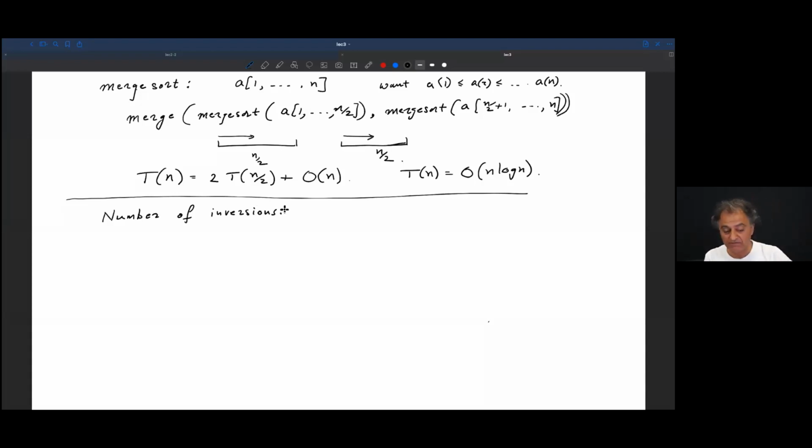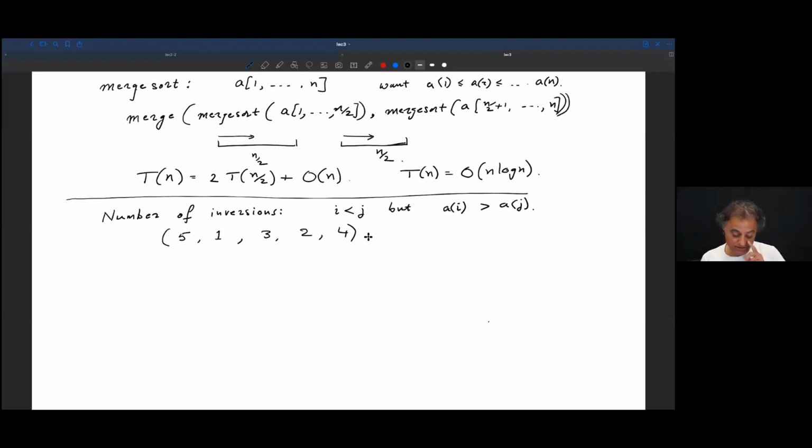We have an inversion if i is less than j, but A of i is greater than A of j. Okay, so if you have an array which looks like this, if A1 through A5 was 5, 1, 3, 2, 4.